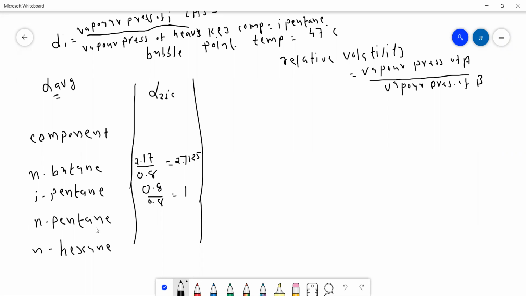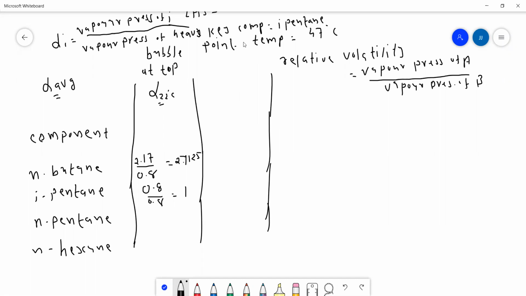So right now at 22, that is at the top, N pentane and N hexane are not given, but we can also determine them. We will do this later.